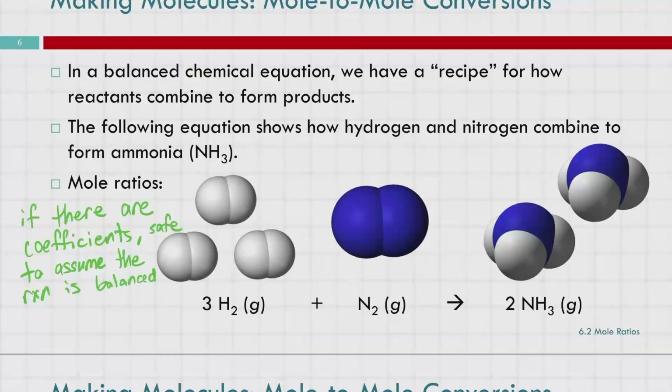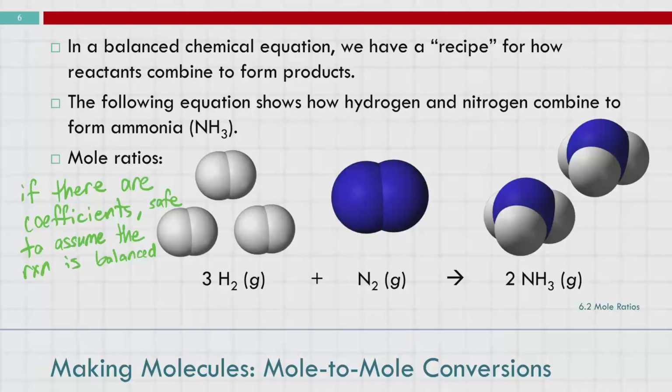Okay, so we can make a couple of ratios of different things here, right? We can make a ratio of hydrogen to ammonia, NH3. If we put in 3 H2, we get out 2 NH3. So we could use that as a conversion factor.